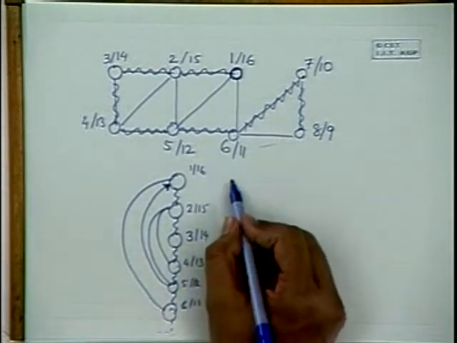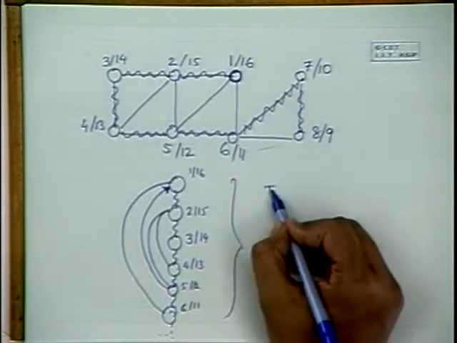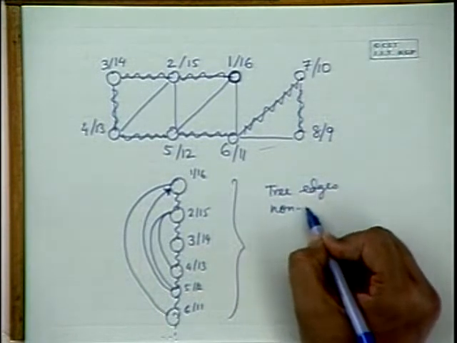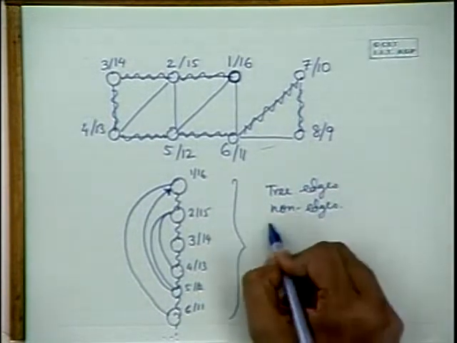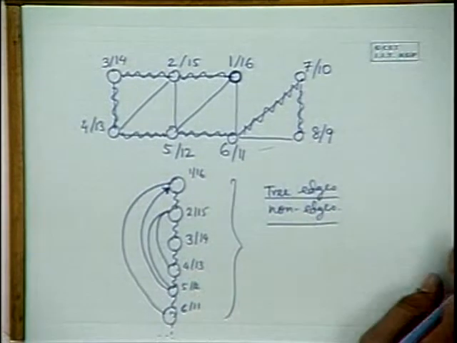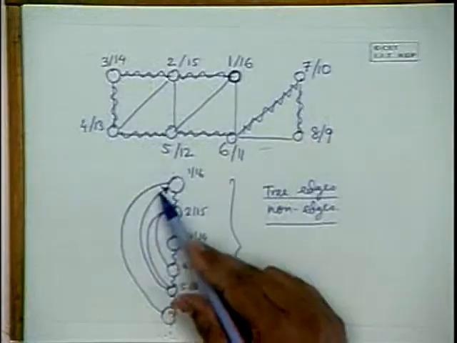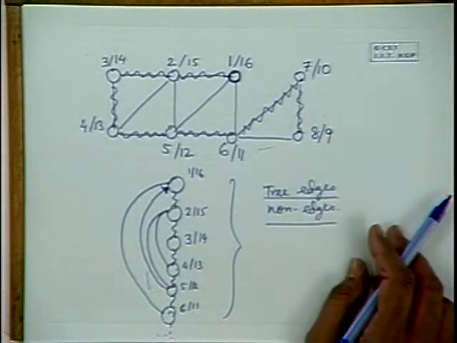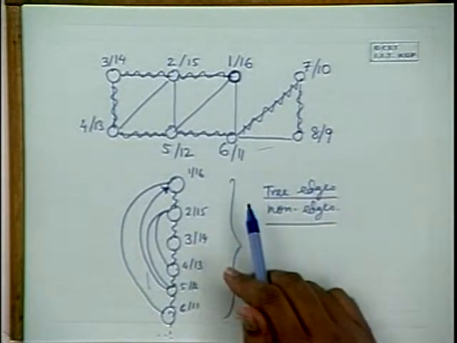So you can see this graph has tree edges and non-tree edges. There are no cross edges and we cannot talk about forward and backward edges because there is no direction on the edge anymore. So this will be the situation if you run your DFS on undirected graphs.